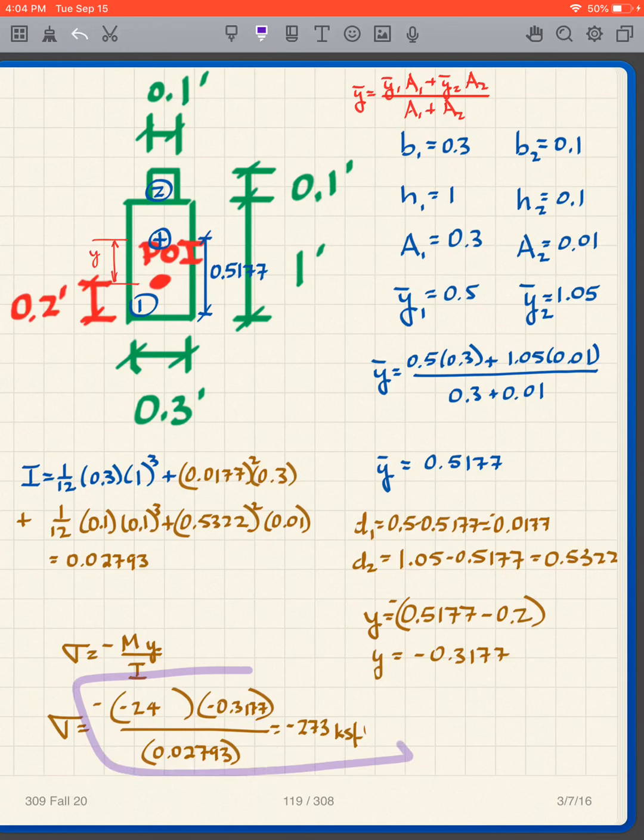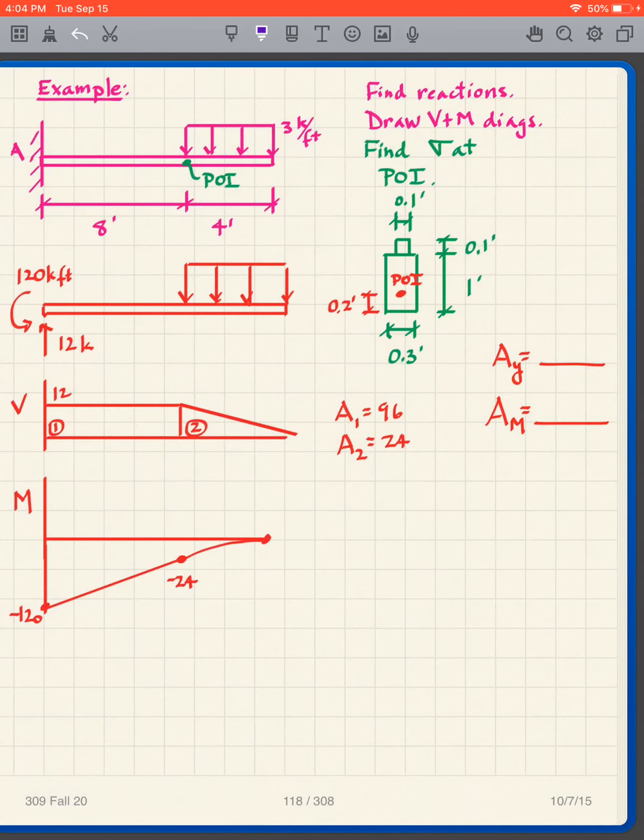Plug everything in. I have negative, negative, negative, which gives me a negative 273 KSF, kips per square foot. So what does that mean? The negative means compression. Well, is that right? This is a negative moment.